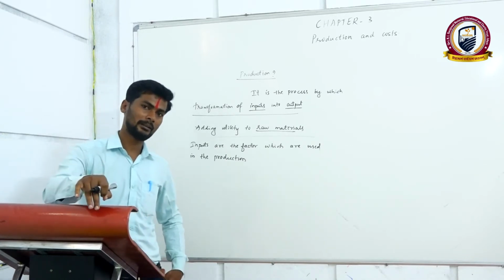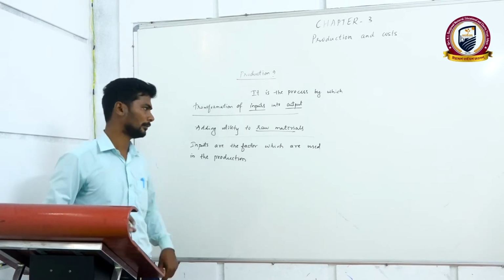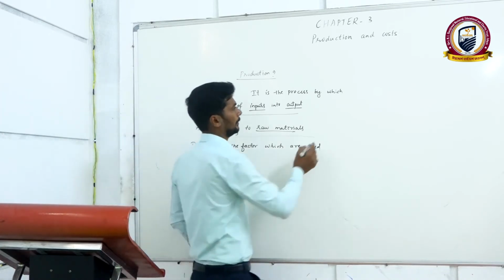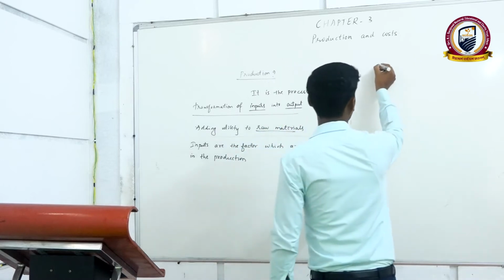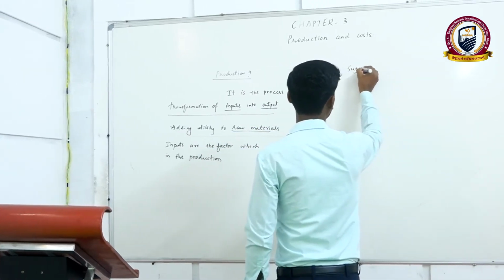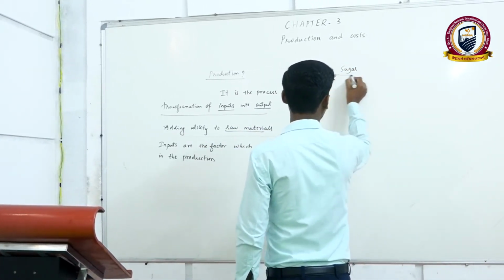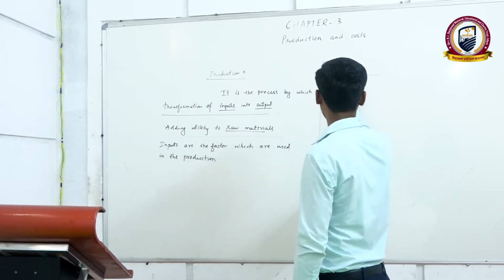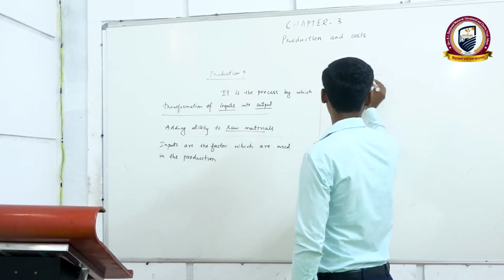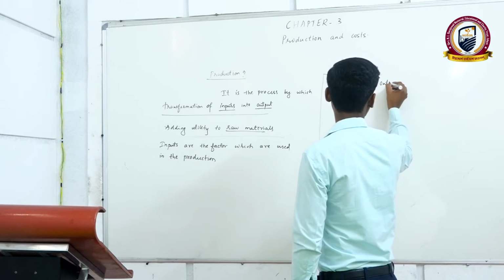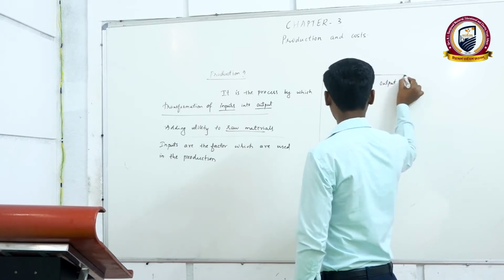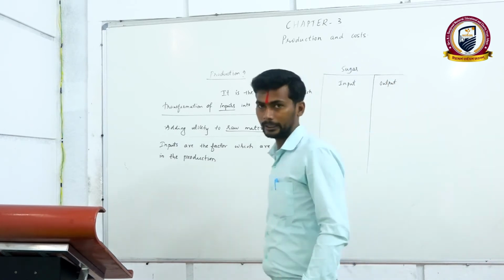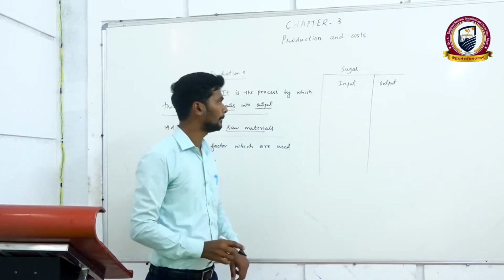Whatever factors are required, they are called inputs. Let us say I am producing sugar. I am telling you what is input and what is output. Output is obviously sugar here. Sugar is the output.